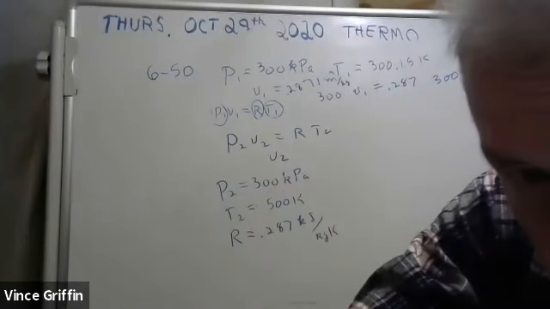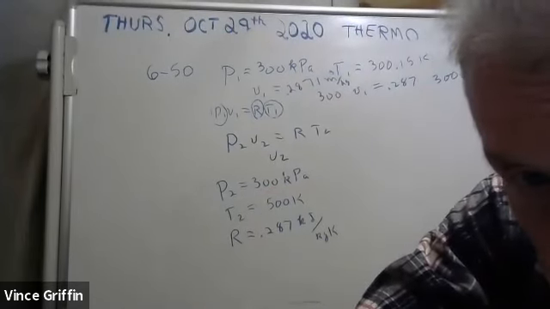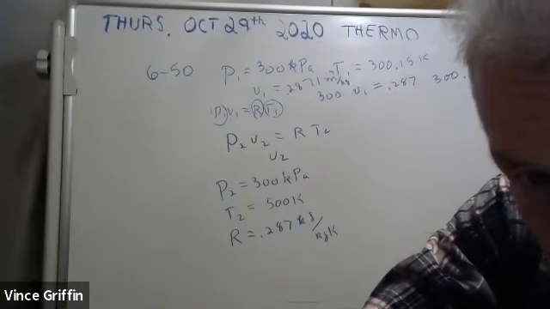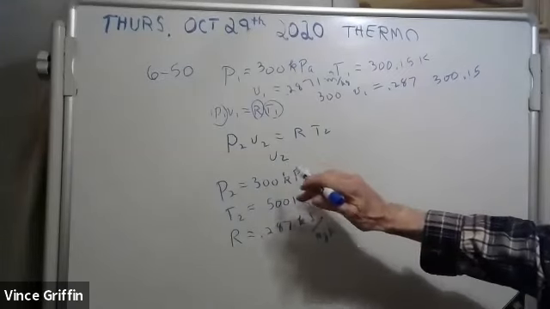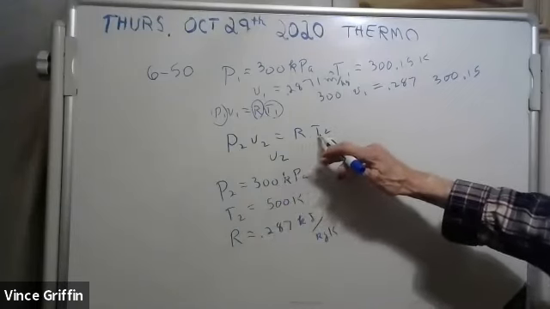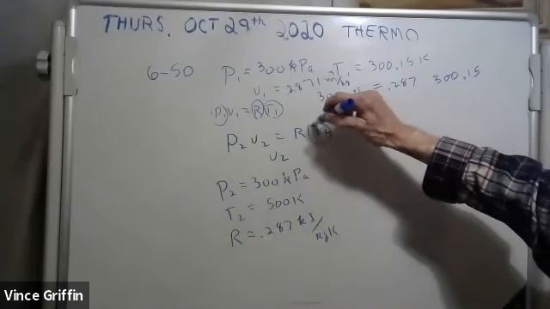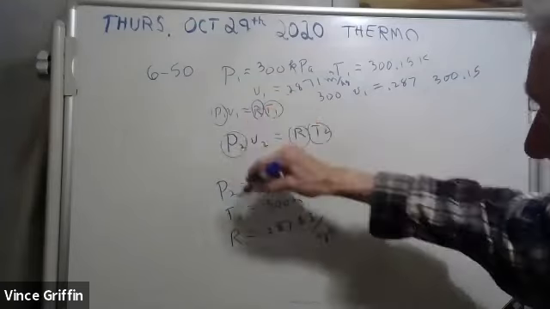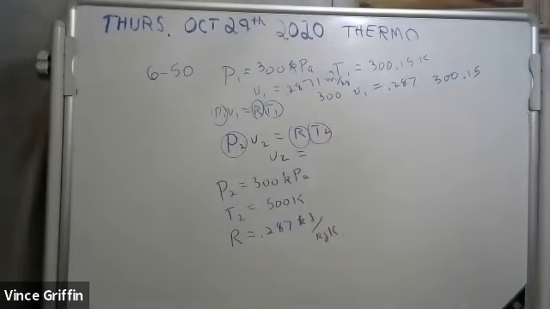Now let me go to another excellent student, Nicholas Sabrata. Hello, Nicholas. I want you to plug in P2, R, and T2. We know all that stuff. What'd you get for V2? 0.478.